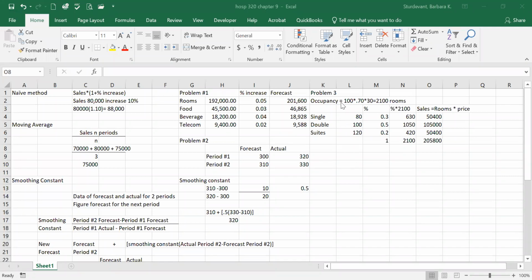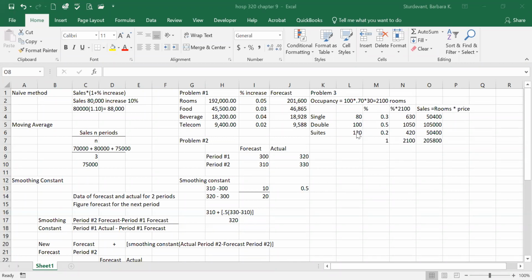We did this for the rooms part, and now we're going to do the food part. So basically what we had to do was determine the number of rooms based on rooms occupancy, and it was April, so it was 30 days. So they expect to sell 2,100 rooms.